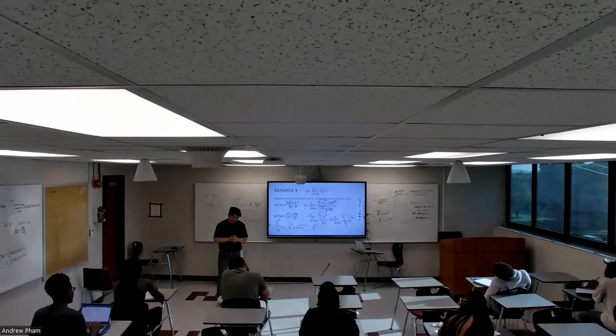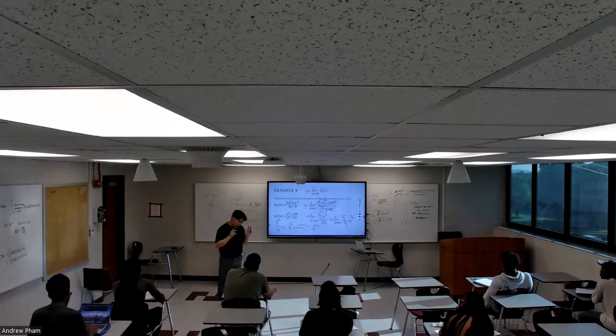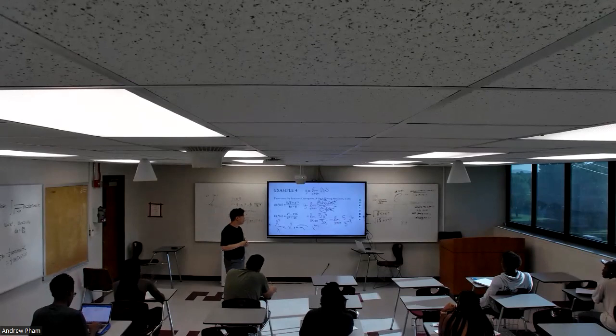I claim that you know how to evaluate that last limit. What is that last limit going to be equal to? What happens if I plug, quote unquote, plug in infinity into that expression? Let's start off with this.